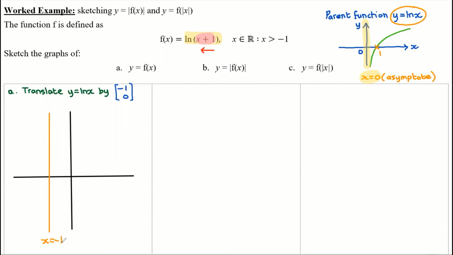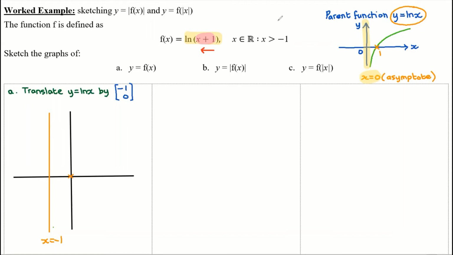We now know that the y-intercept is going to be the origin, because obviously all the x values shift to the left by 1. And we can also tell this is true because if we plug in x equals 0, we get log 1, which is 0. So it cuts at the origin. And everything else we can just sketch as normal. So we just follow the shape again.